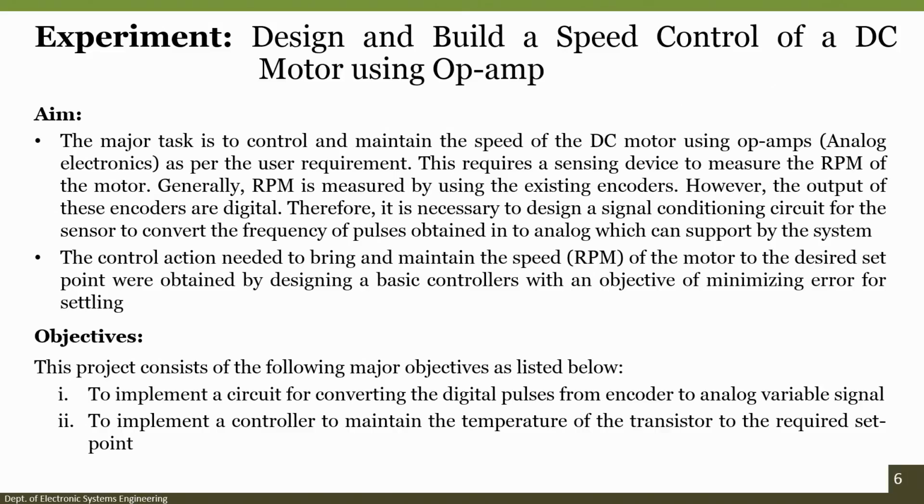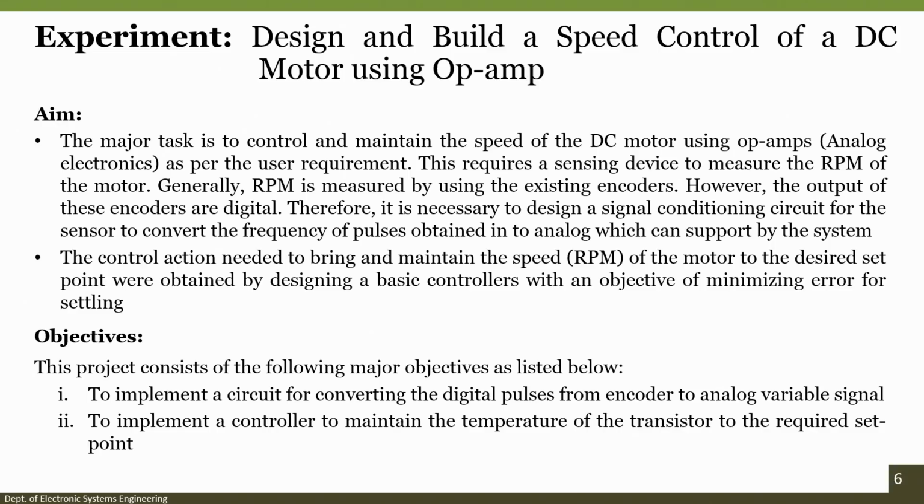Then, since we are driving the motor using operational amplifiers, and an op amp cannot directly provide enough current to drive the motor, we also have to design a driver circuit to run the motor with the help of the op amp output.